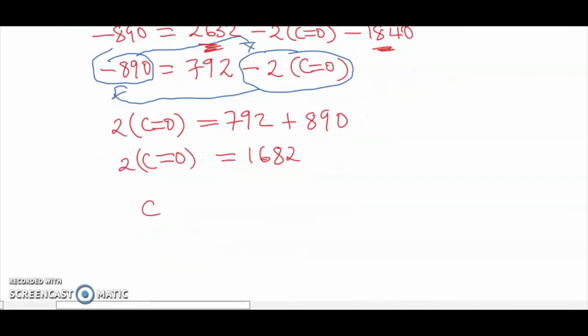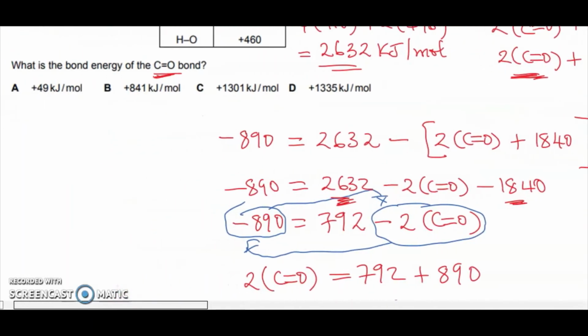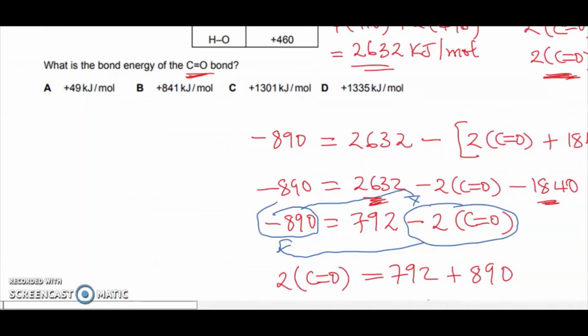Now for the CO bond, we divide both sides by 2. It is going to give us plus 841 kilojoule per mole. Now do we have this answer amongst the options? Plus 841, of course we do, B.